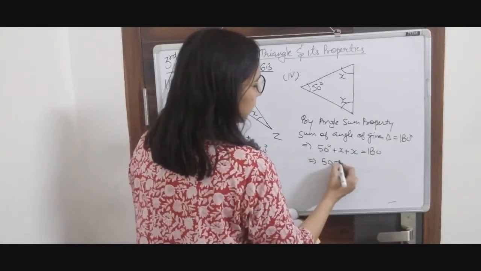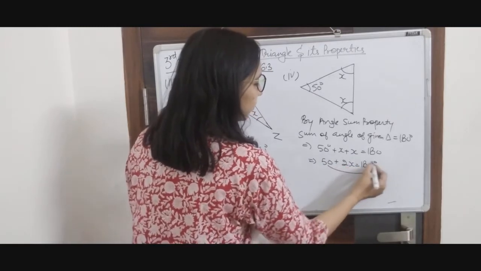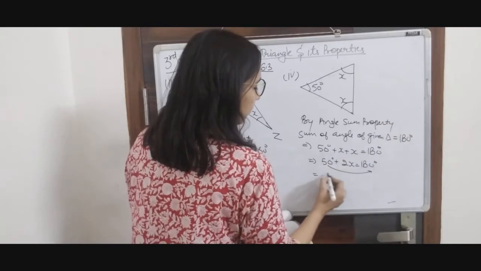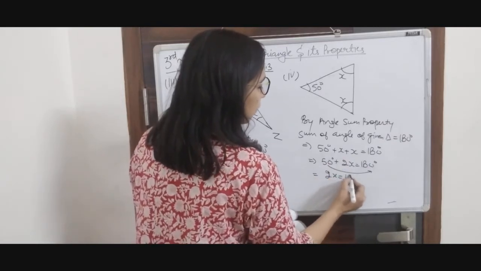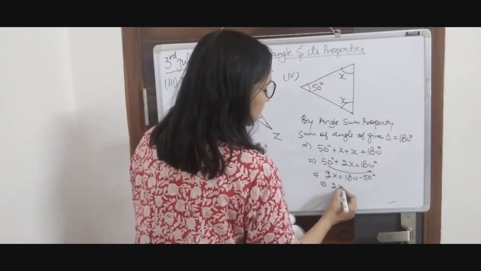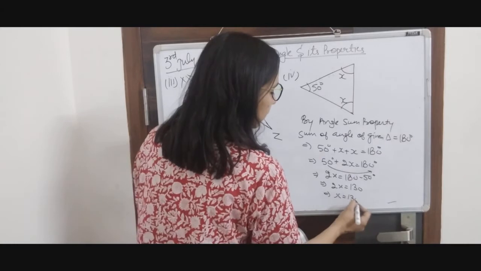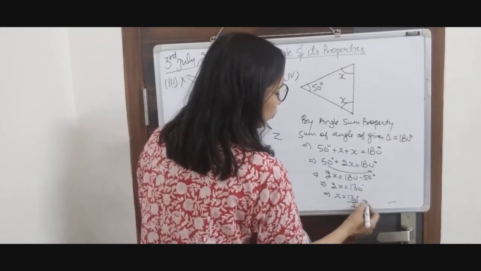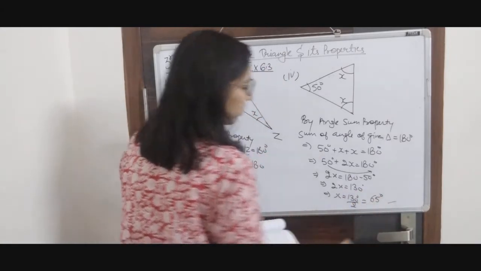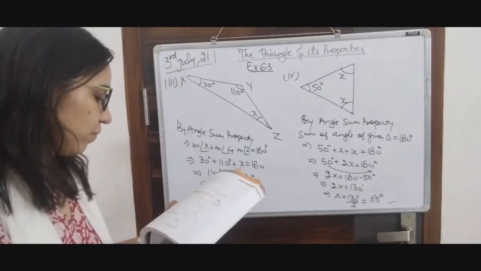Implies 50 plus 2x is going to be 180. We are transposing this here. We will get 2x as 180 minus 50. Implies your 2x is 130 and your x is going to be 130 by 2, which is going to be 65 degree. So this is the measure of your angle x.